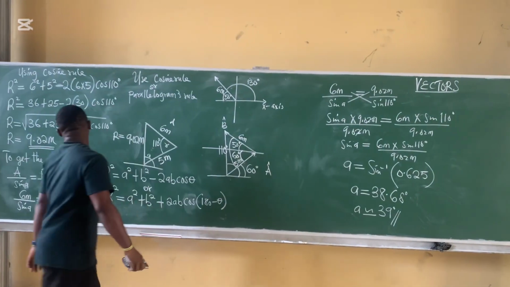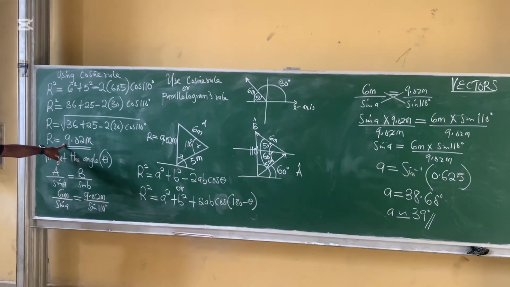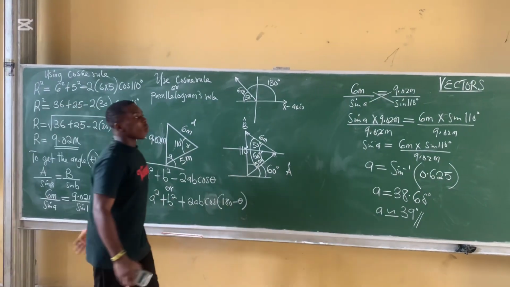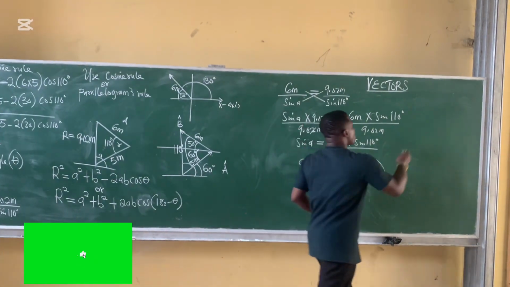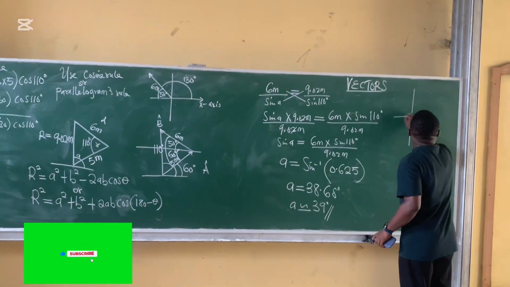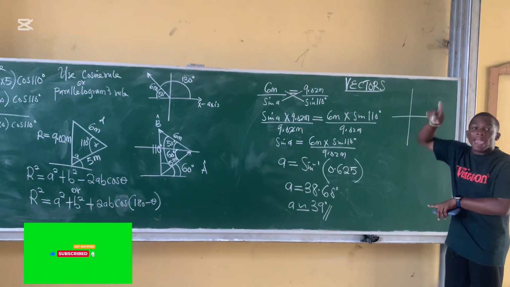And if you look here, my resultant is 9.02 meters. So to sketch the resultant of the addition of two vectors, the angle is 39 degrees. You draw your quadrant. 39 degrees is found in the first quadrant. Remember, it's always inclined to the x-axis.